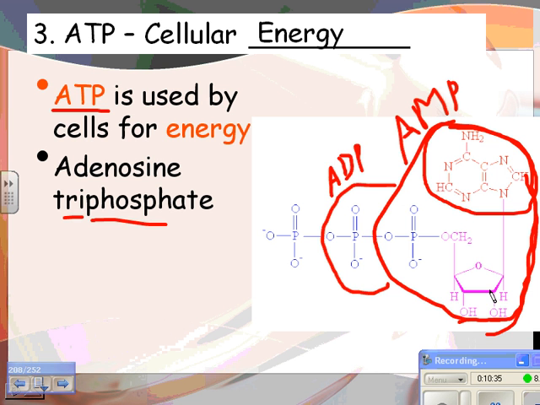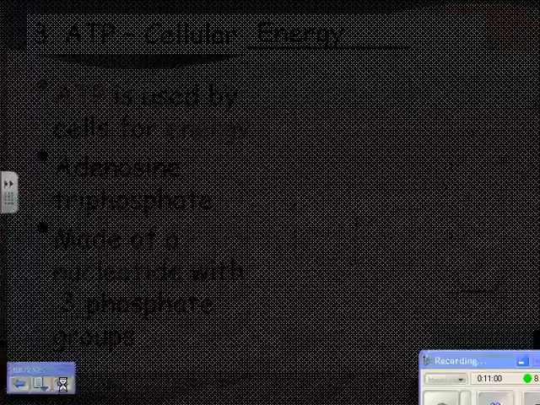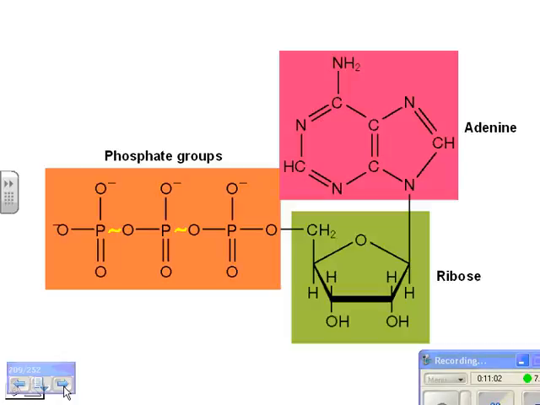So one is adenosine monophosphate, two is adenosine diphosphate, and having all three makes ATP, adenosine triphosphate. So this is a nucleotide with three phosphate groups, and that's the important thing for you to remember. And we're going to spend a lot of time on this one later.